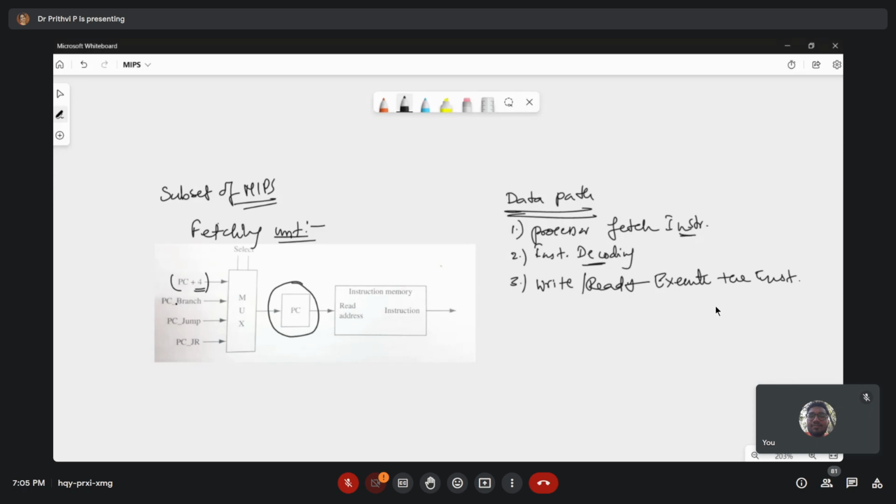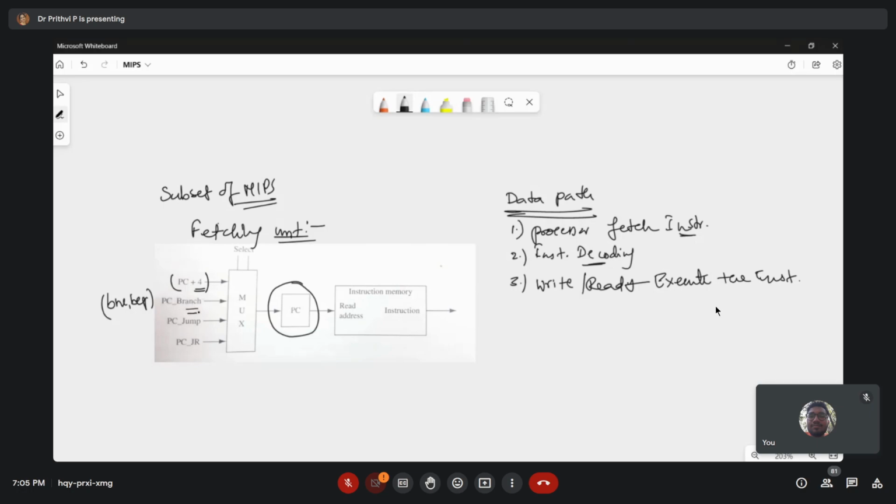Then, for program counter branching, we have instructions like branch on not equal or branch on equal. For those instructions, it will be with an offset.